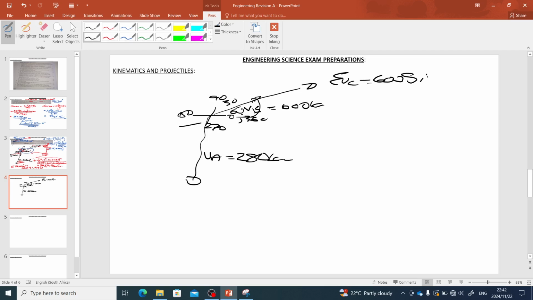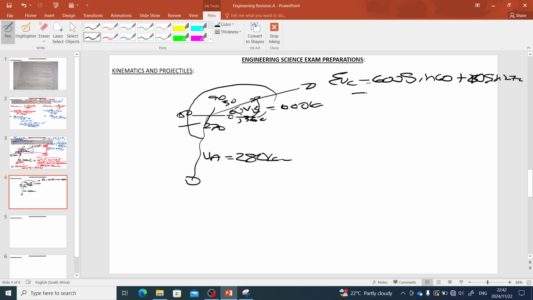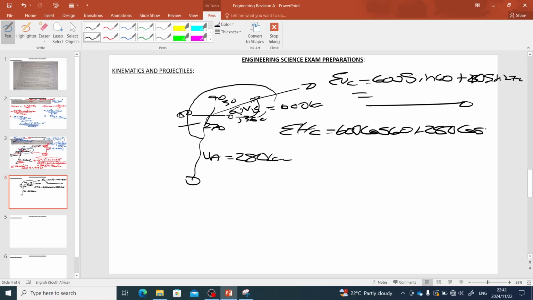Its position is sine 60 plus. We start all over again from 0, we look for another one. 90, 180, 270. The magnitude is 280 sine 270. Then we calculate the vertical component. Then the horizontal component, where the sine we put cos, it will be 600 cos 60 plus 280 cos 270.